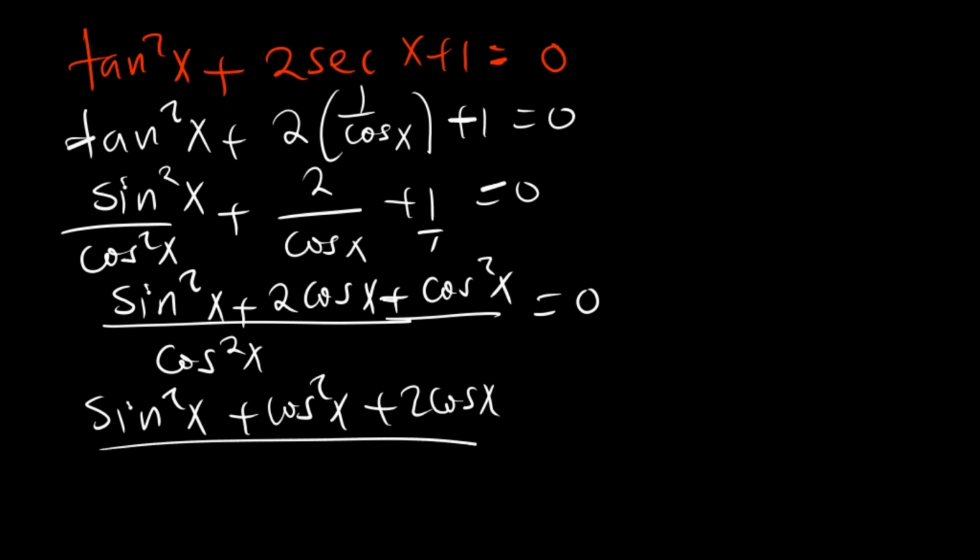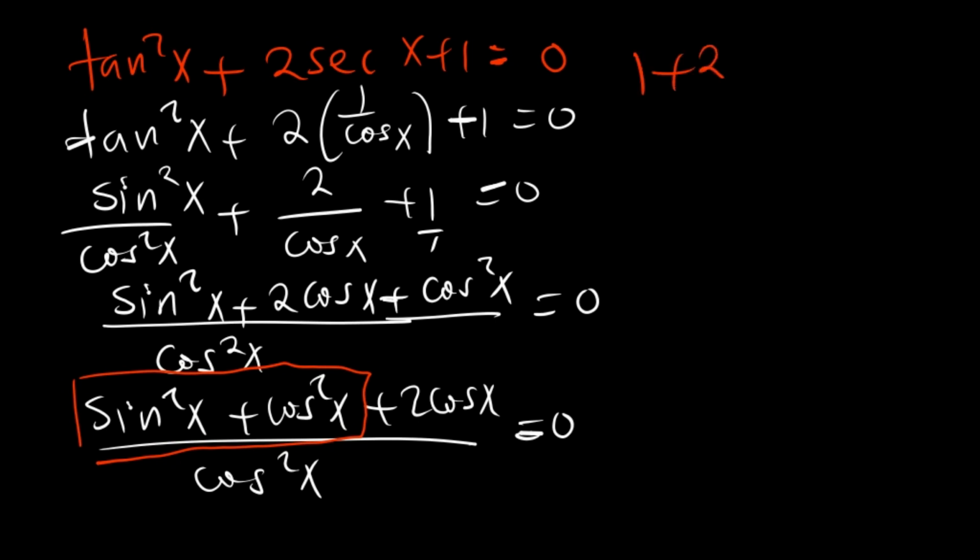I divide this by cos squared x should be equal to 0. Now I do know that for me to get rid of sine, I can replace this with 1. So it will be 1 plus 2 cos x is equal to 0. Then here there is divided by cos squared x.